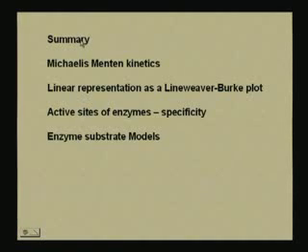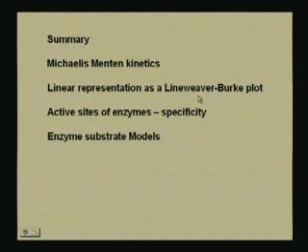So what we learnt here is we had the summary. The summary here is a Michaelis-Menten kinetics that we considered today. What did we have? We had the Vmax. Okay. What is this Vmax? It is the K2 or the Kcat versus the total enzyme concentration. We looked at a linear representation as a Lineweaver-Burke plot. What is this Lineweaver-Burke plot?